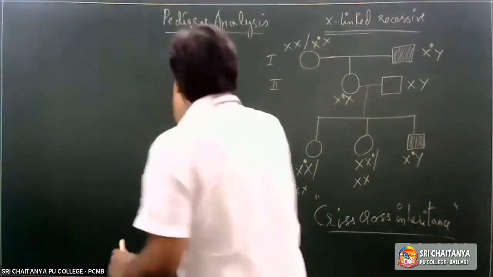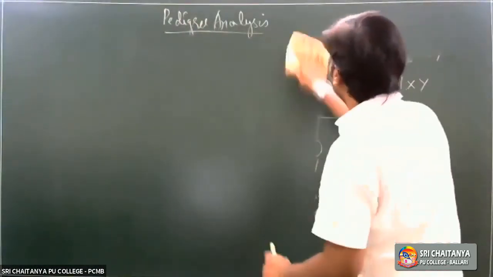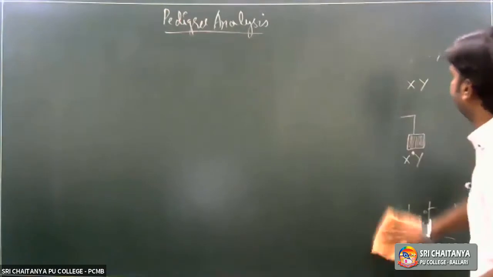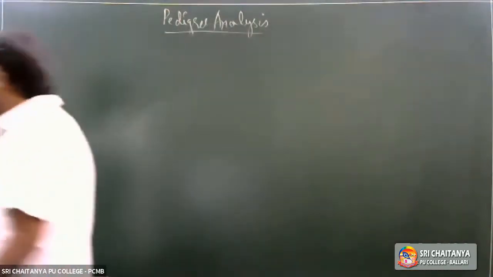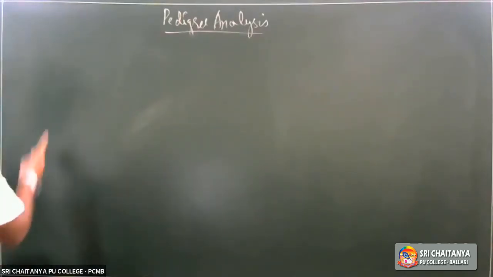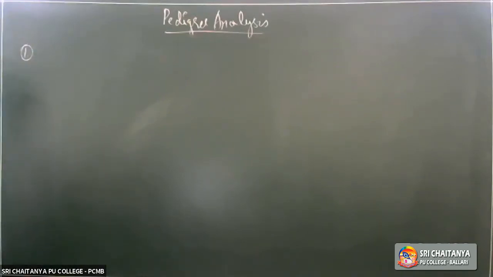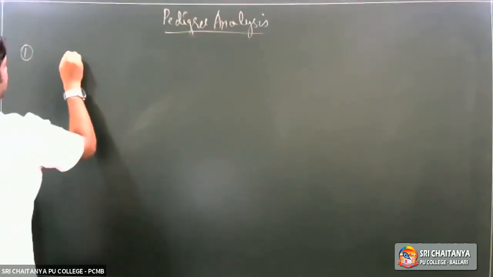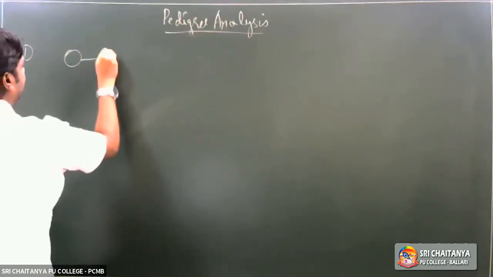Whenever a pedigree chart is given, they'll give you four options, and from those four options you need to identify which one suits best. So let us take up the first pedigree chart. Here we have a female and a male.